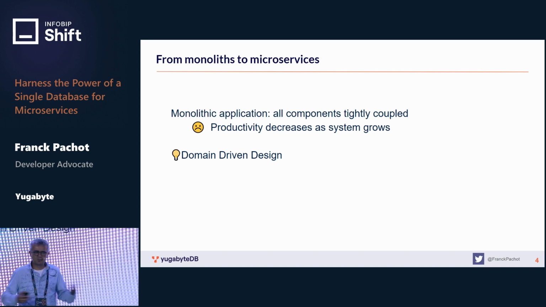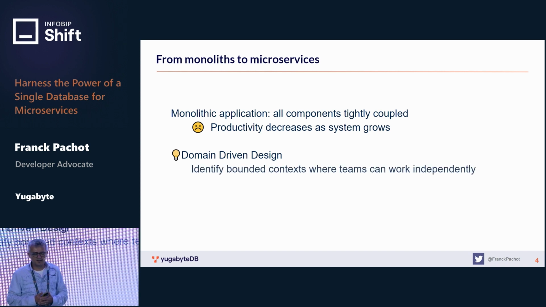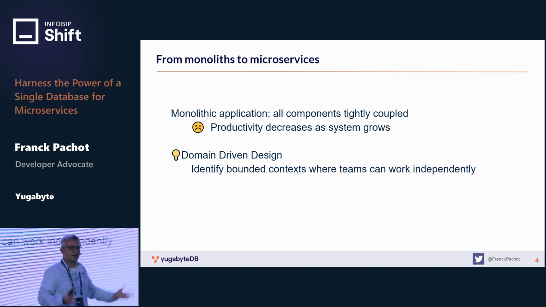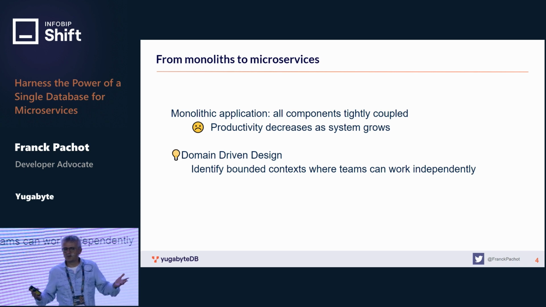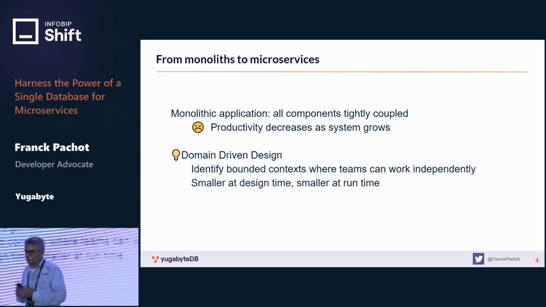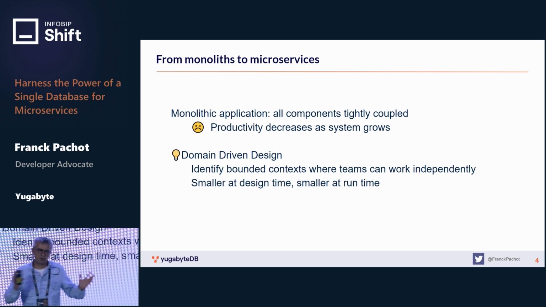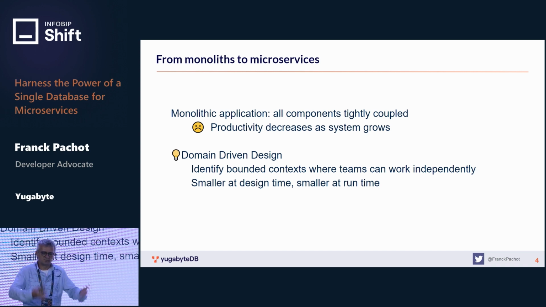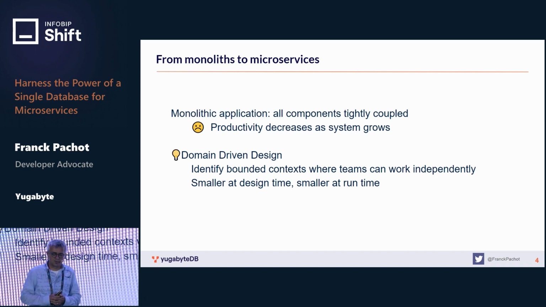This is where we come to domain-driven design, where we identify some smaller domains where we can work independently. The idea is that it is smaller for all the life cycle of the application when you design it, when you code it, and also when you operate it.